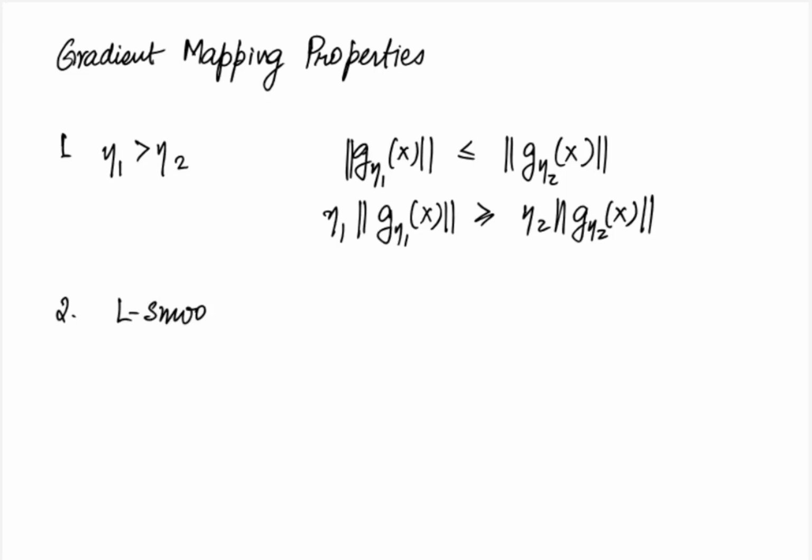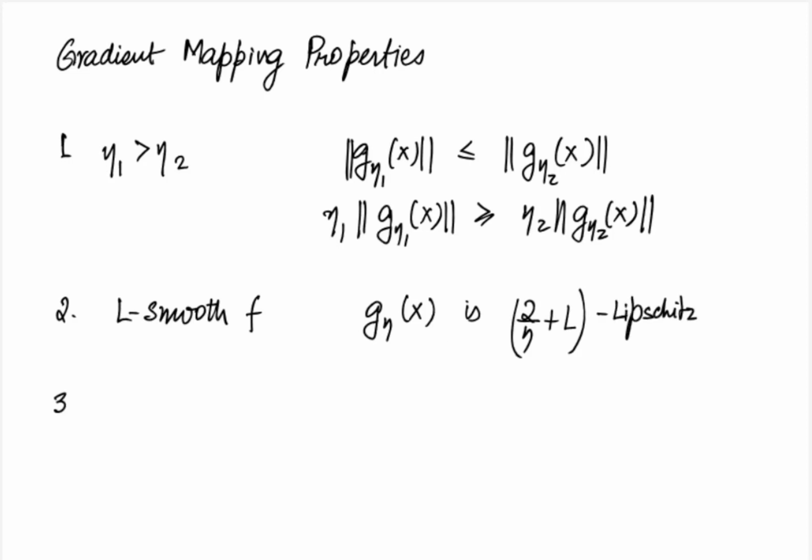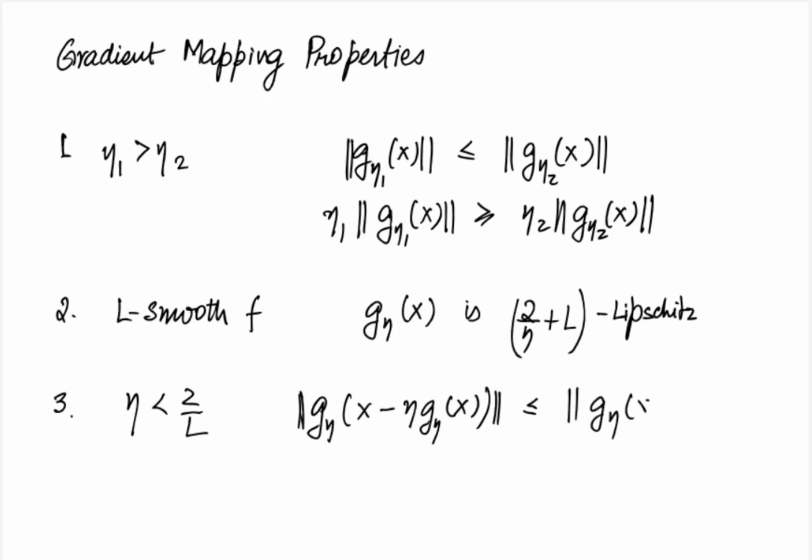For L smooth functions f, g_eta of x is (2/eta plus L) Lipschitz. For eta less than 2 by L, norm of g_eta of x minus eta times g_eta of x is less than equal to norm of g_eta of x.